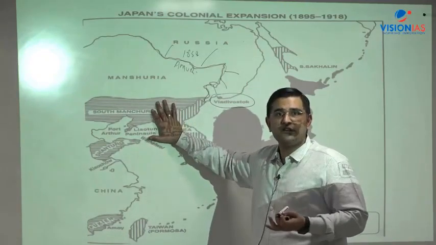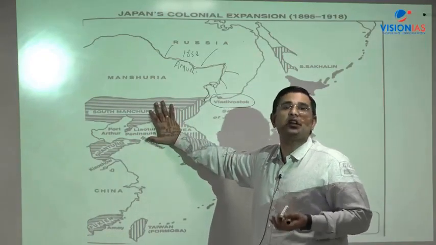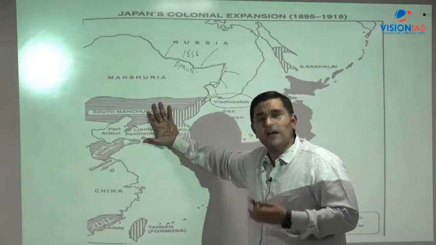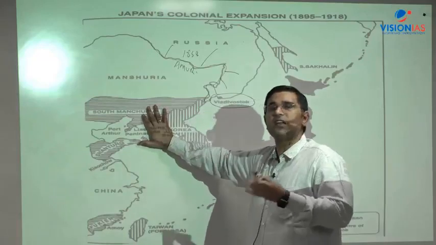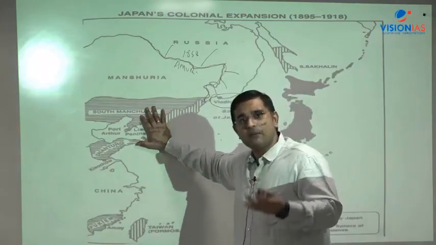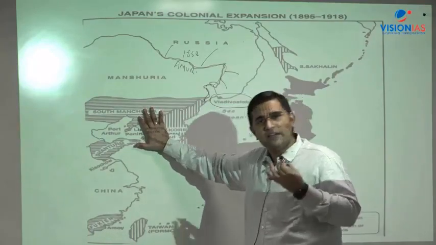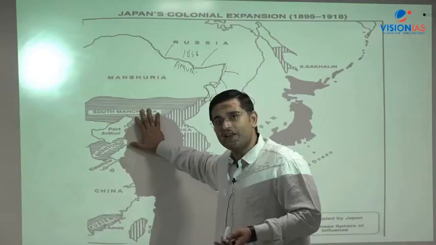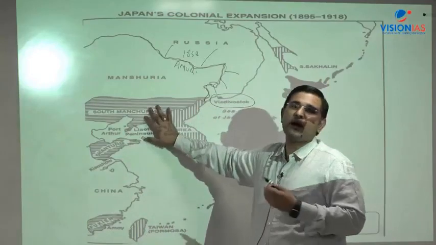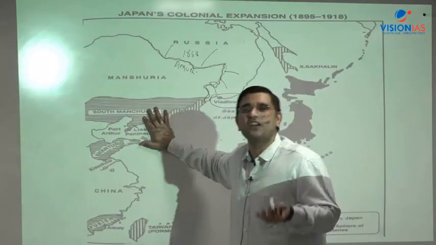What do you mean by sphere of influence? For example, you can say Nepal is a sphere of influence of India. If India's word carries weight in Nepal, if India's word carries weight in Bhutan, then we can say that Bhutan and Nepal are India's sphere of influence. If Indian businesses can get better contracts in Nepal, in Bhutan, in Bangladesh, then we can say that Bangladesh, Nepal, Bhutan are India's sphere of influence.